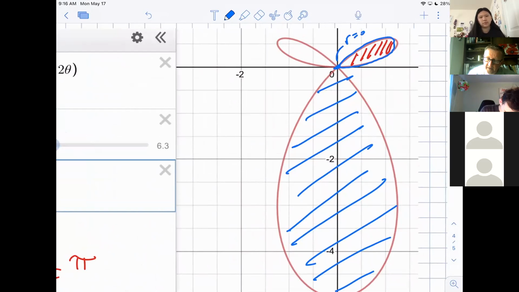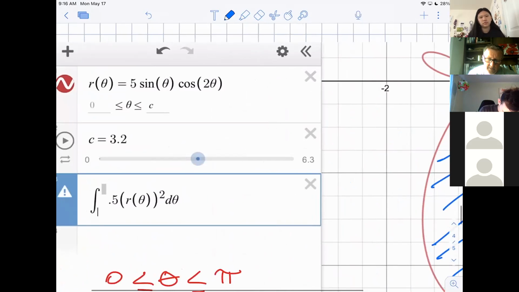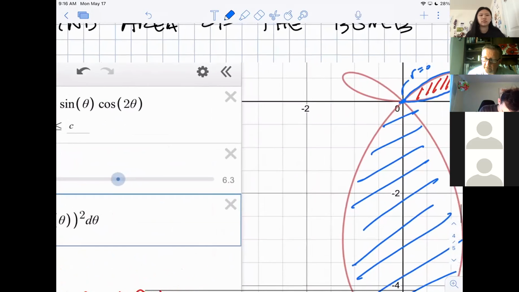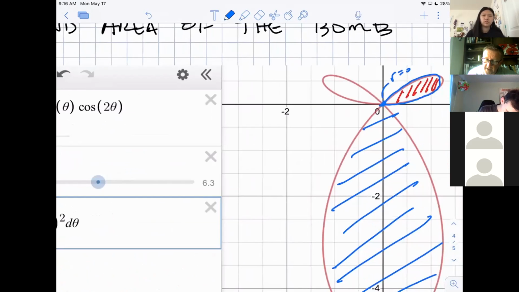So it started there at angle 0 with a radius of 0. Is that really true? Yeah, because the sine of 0 is 0. So 5 times 0 times whatever cosine is gives a radius of 0. And then we were here again, and then we took off out here, and then we were here again, and then we took off out here, and then we were here again. So it was like 3 times we were there, right?